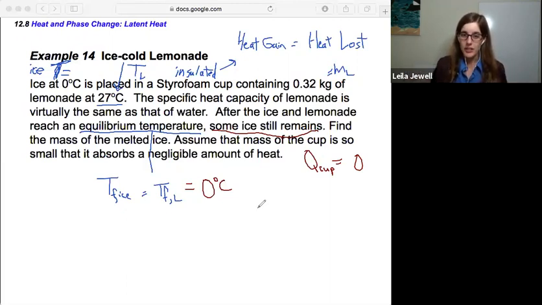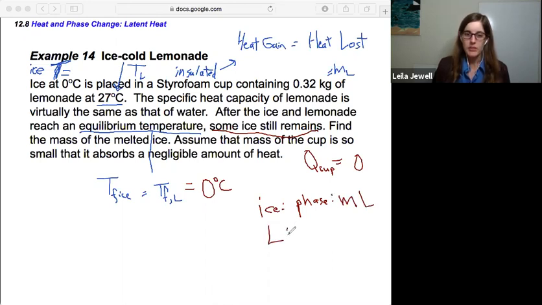So with the ice, we're going to note that it is a phase change. And how do we describe the heat going into a phase change? That's going to be our mL. Now what about for the lemonade? Does the lemonade have a phase change?